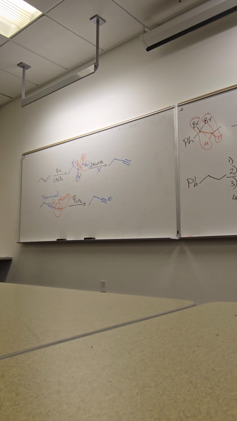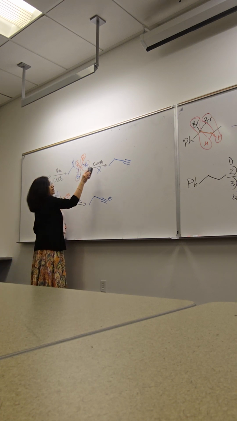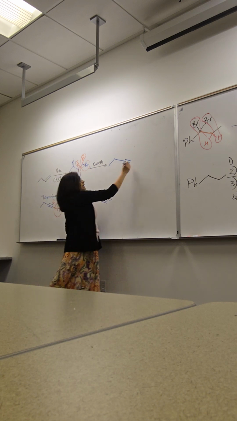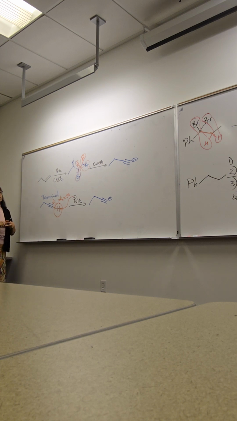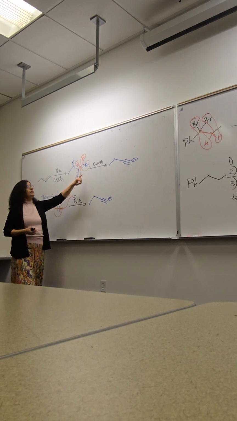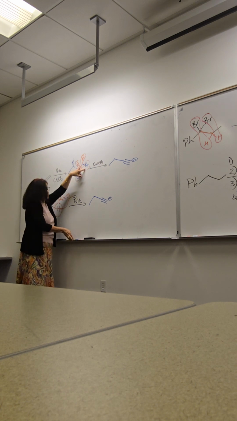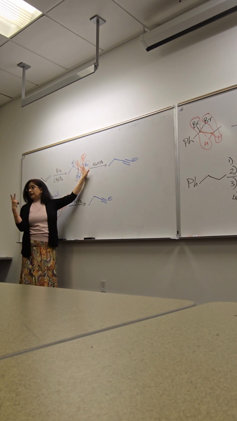So, how many equivalents of sodium amide will be needed to create this anion? We need one sodium amide to do one elimination, right? Another sodium amide to do another elimination makes the terminal alkyne.